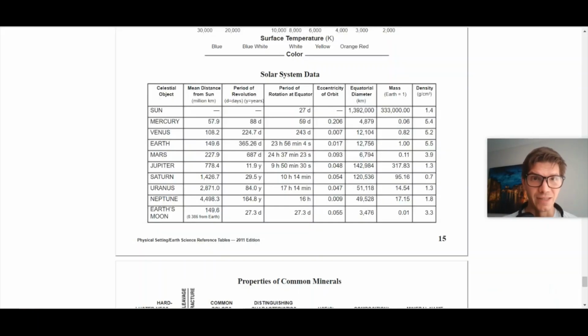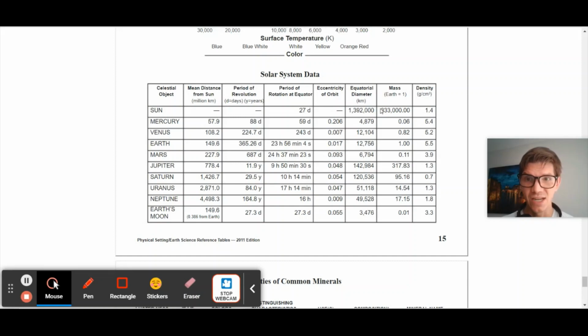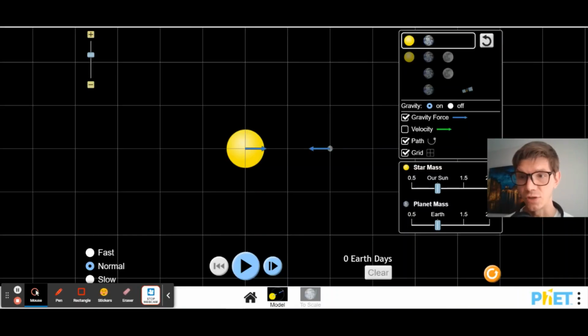The only difference is that when you look in the ESRT, the sun is so much more massive than the Earth that the gravitational pull is actually going to affect Earth way more than it affects the sun. But we will see some little differences if we compare the gravitational attraction between the moon and the Earth. We'll take a look at that in a little bit.